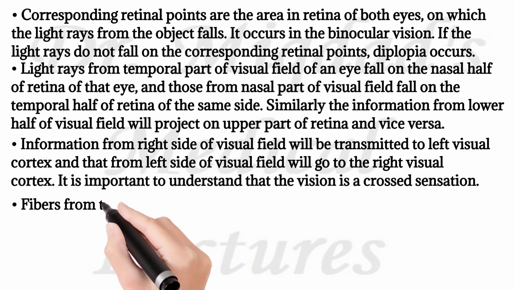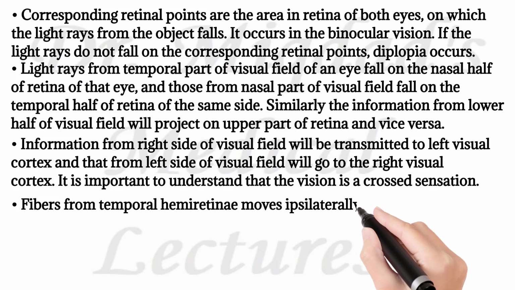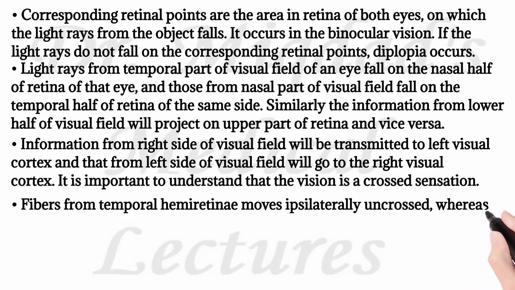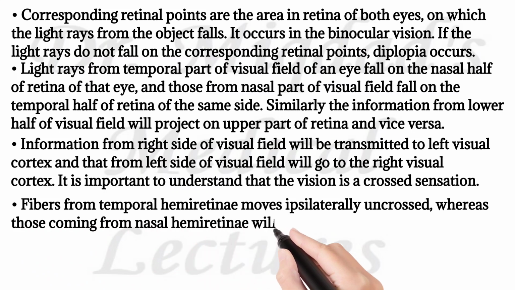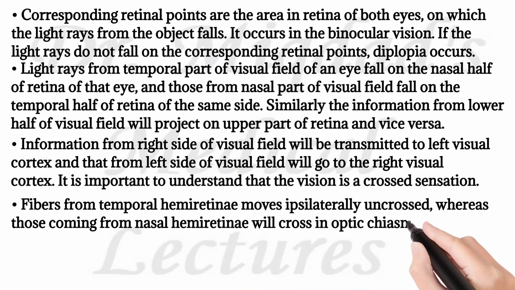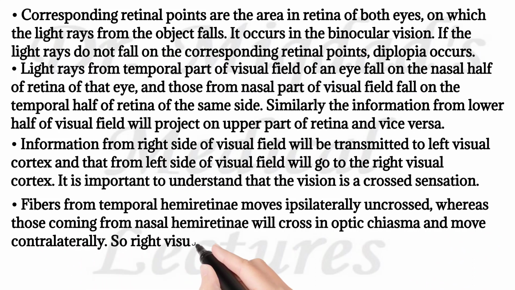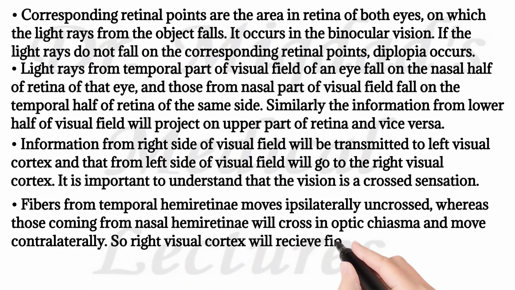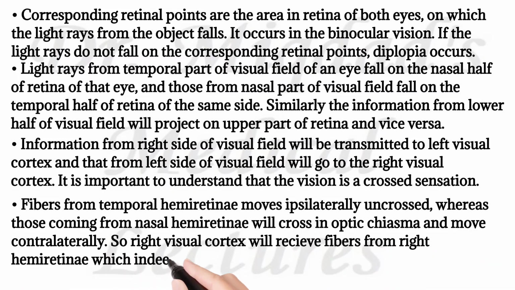This is because the fibers from the temporal hemiretinae move ipsilaterally, uncrossed, whereas those coming from the nasal hemiretinae will cross in the optic chiasma and move contralaterally. So the right visual cortex will receive fibers from the right hemiretinae, which in turn receive information from the left visual field, and vice versa.